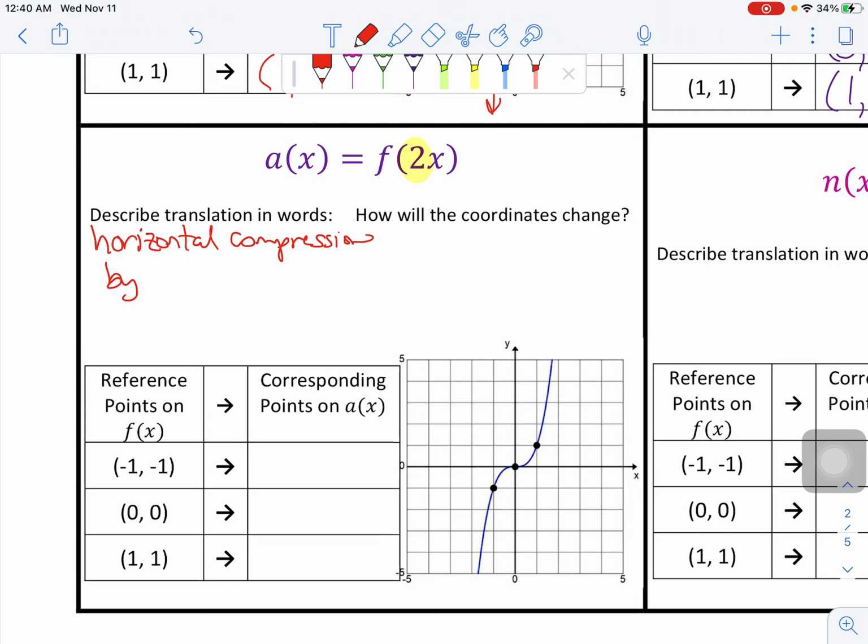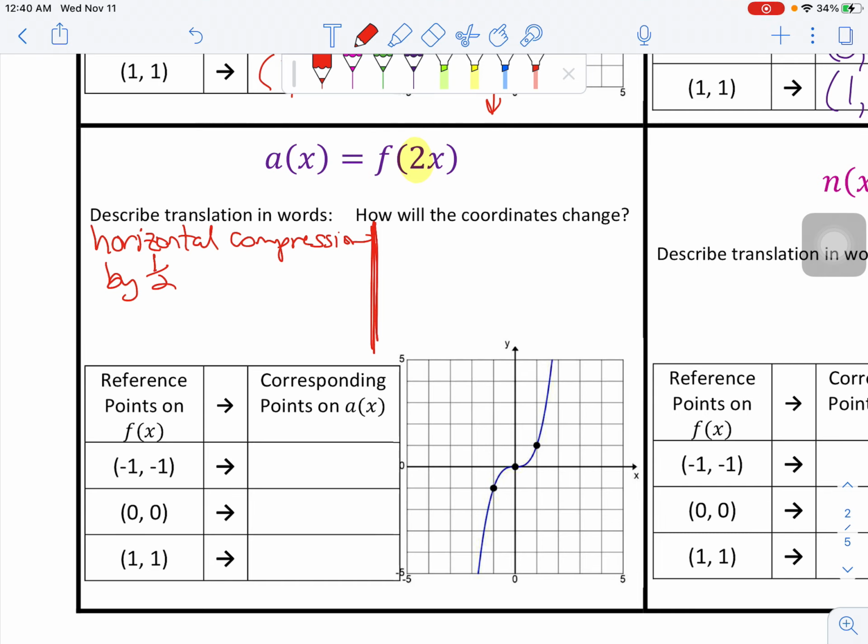Yes, I said compression by the reciprocal of what's inside with x here. So the reciprocal, remember, is just a big word that means flip the fraction over. So the number right here is 2. So the horizontal compression would be 1/2. All right, so it's the reciprocal.